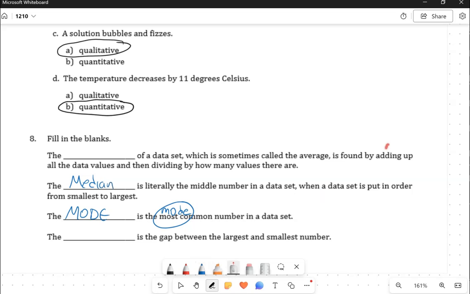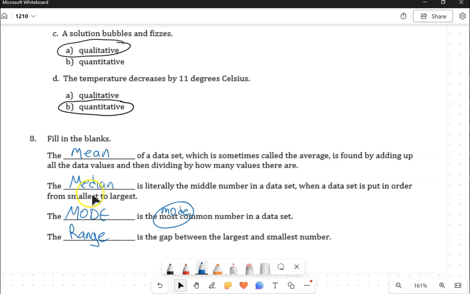And then having to do a bunch of addition and division is mean. That's why people don't always like math, because they have to do a bunch of work. And then the gap between the largest and smallest number is not a measure of center, it's a measure of spread. This is the easiest measure of spread, the range.